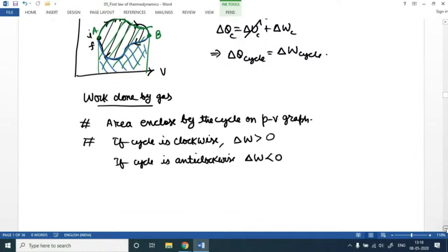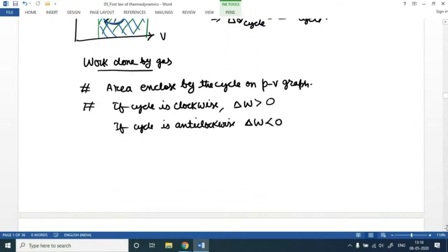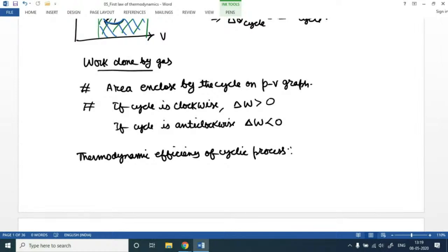We also define the thermodynamic efficiency of a cyclic process. In physics, when we deal with an engine, our main motive is to extract as much work as possible.